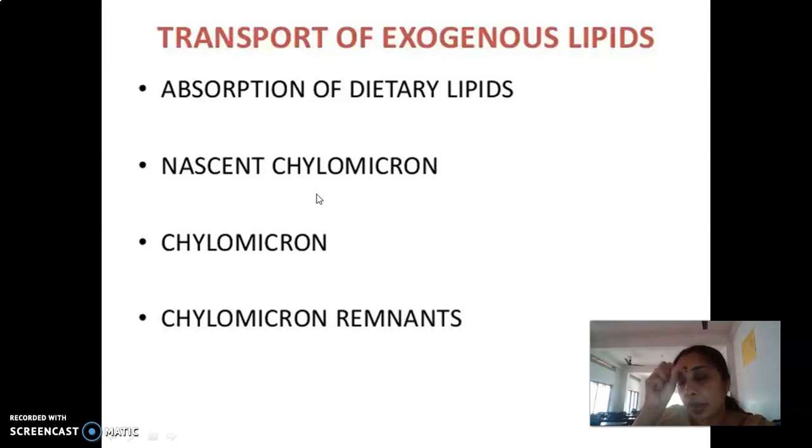The size of the chylomicron will be reduced with a smaller concentration of TG and cholesterol esters. This small chylomicron molecule is known as the chylomicron remnant. That is chylomicron itself, having TG and cholesterol esters with phospholipids, free cholesterol, ApoB48, C, A, E, etc., but in a smaller size. It is known as chylomicron remnants. They will be moving towards the liver.